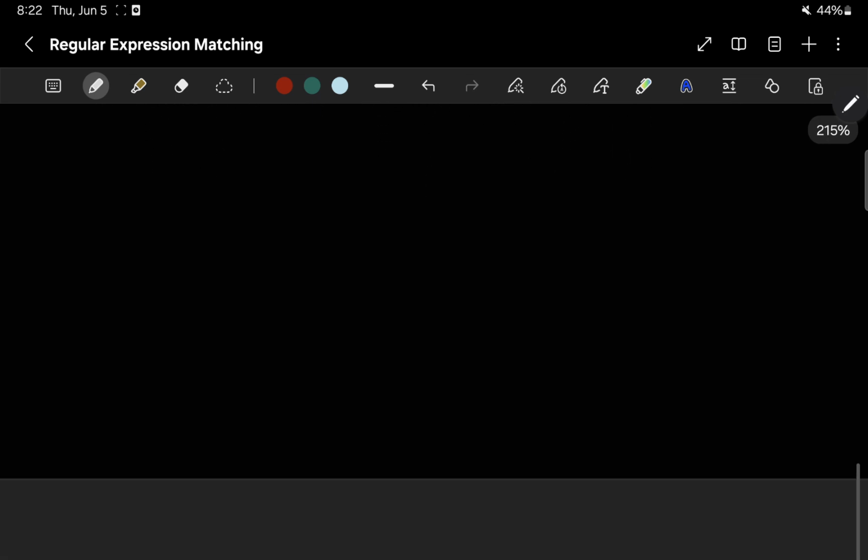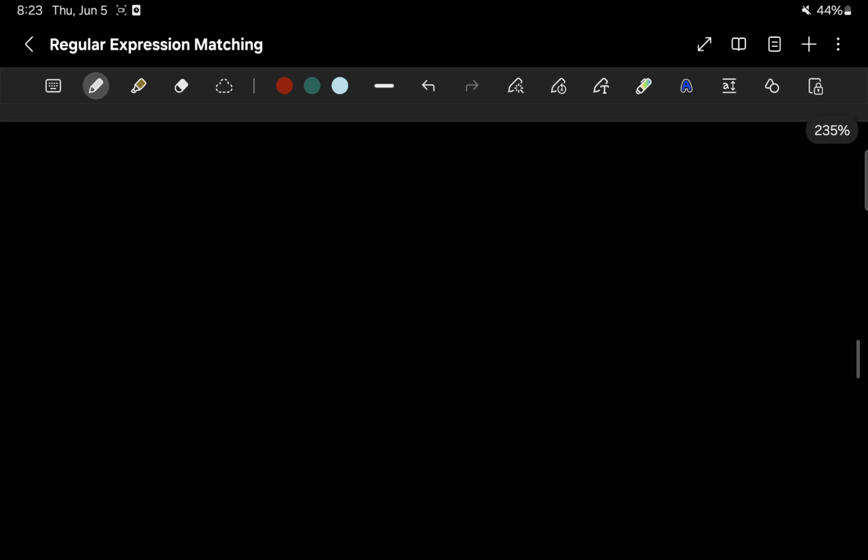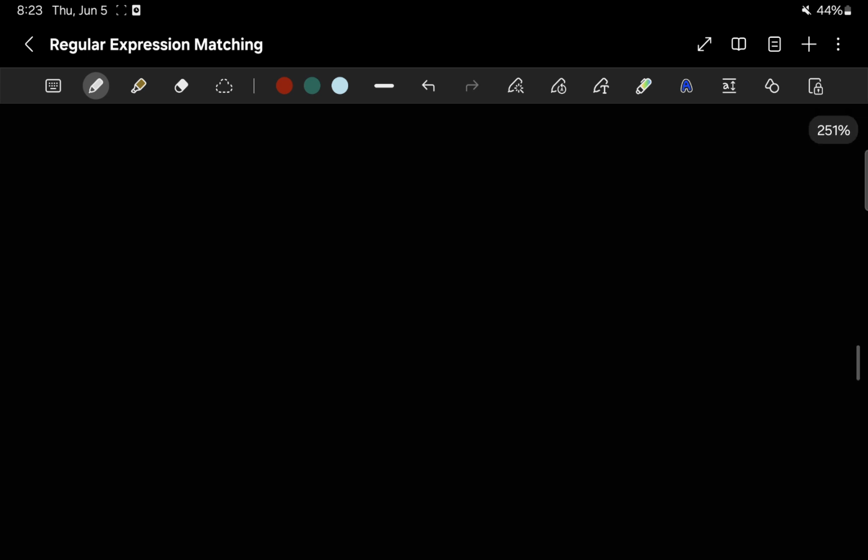So what did we say? We said we have our DP. We know our answer till I minus 1. Our iterators: on S, the iterator is I. On P, the iterator is J. When we are finding the answer at I and J, we know the answer till I minus 1 and J minus 1.